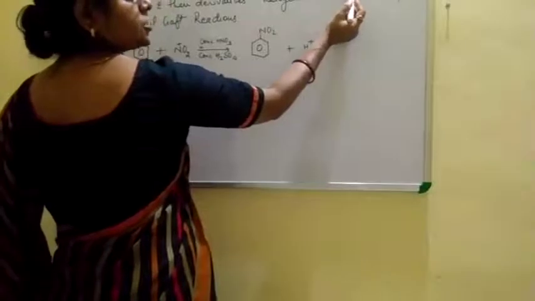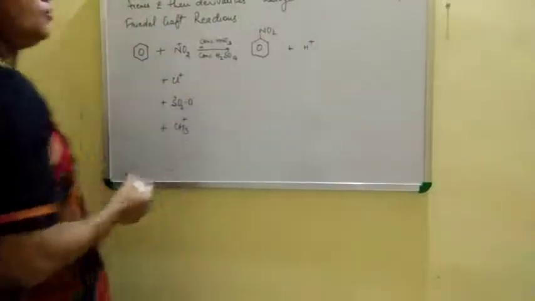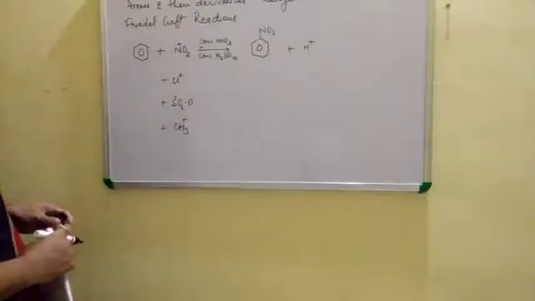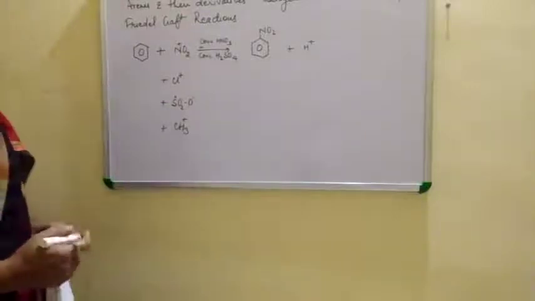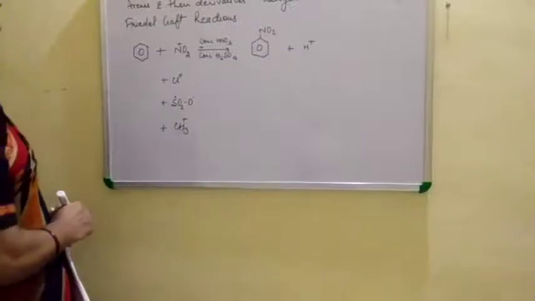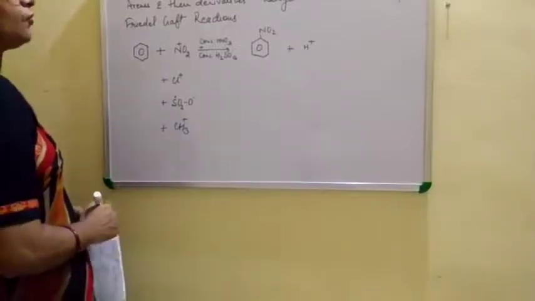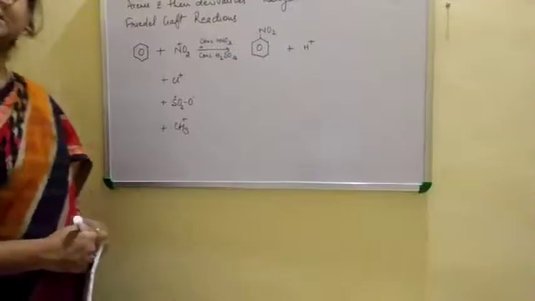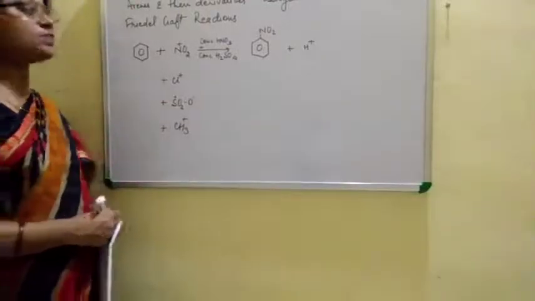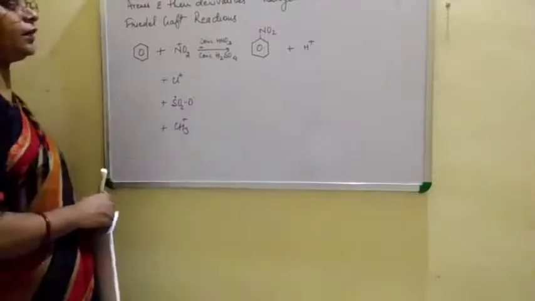This substitution reaction takes place by an electrophile. A strong electrophile replaces a weak electrophile from the molecule, and the reaction is known as electrophilic substitution reaction. This reaction generally takes place in arenes and their derivatives. Arenes means benzene and their derivatives.